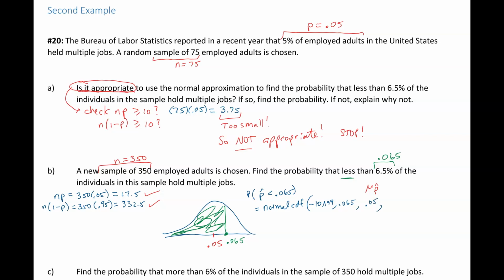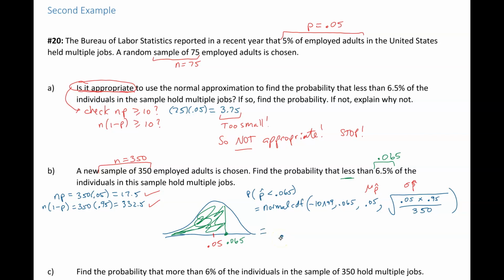And then for the standard deviation of the sample proportions, that's going to be that big square root of 0.05 again, times the complement, 0.95, all over our bigger sample size of 350. So that's what we'll put into the calculator.